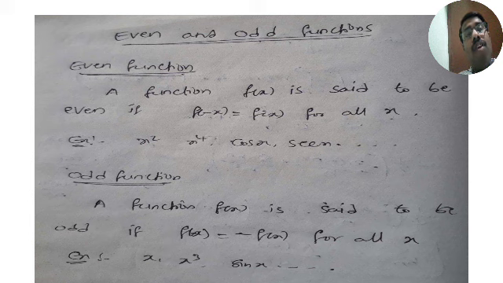Examples for even function are x square, x power of 4, x power of 6, x power of 8, cos x, sec x, mod sin x, mod cos x. And examples for odd function are x power of 1, x cube, x power of 5, sin x, cosec x, and so on. All are odd functions.